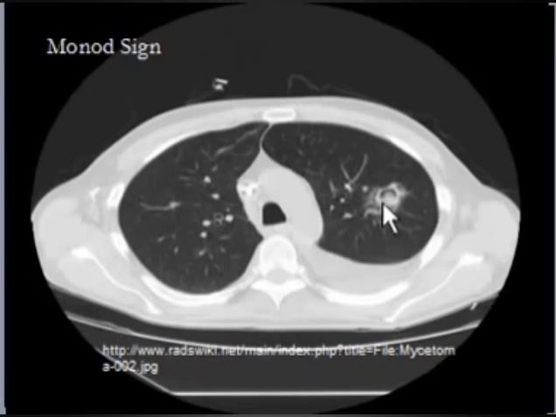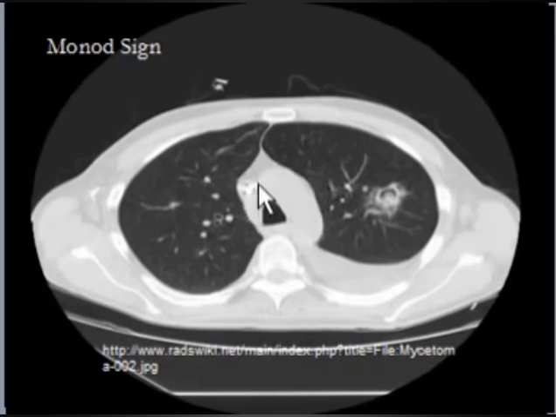Outside this fungus ball or lesion, you can clearly see consolidation, which is diffusing out around the lesion just like a halo around moon. This represents hemorrhage or blood in plain English within the surrounding tissue. You will typically see such pathologies in upper lobes. This sign should not be confused with air crescent sign.